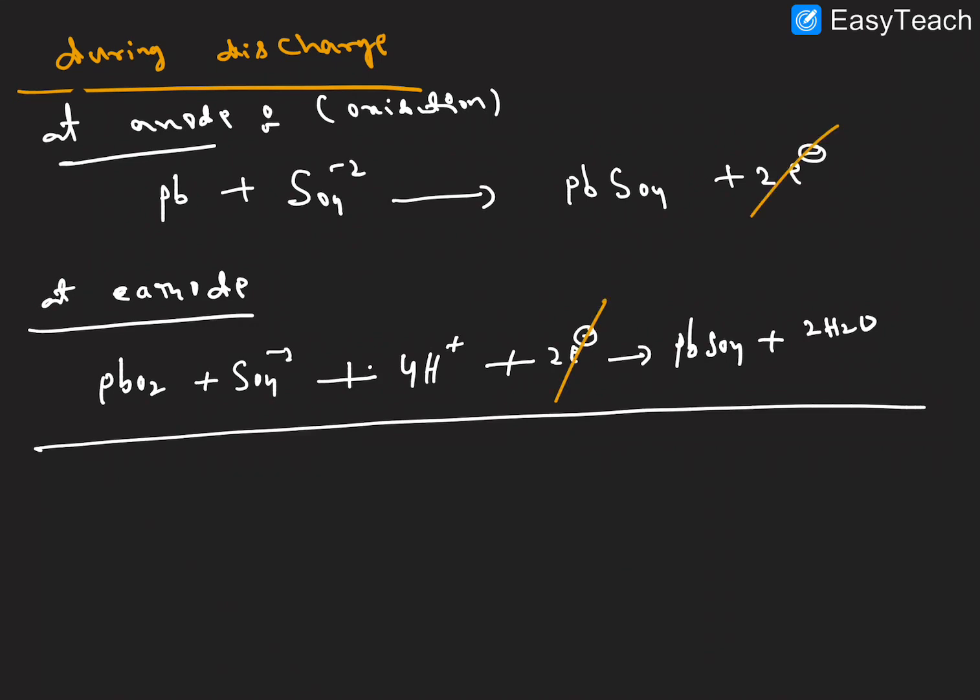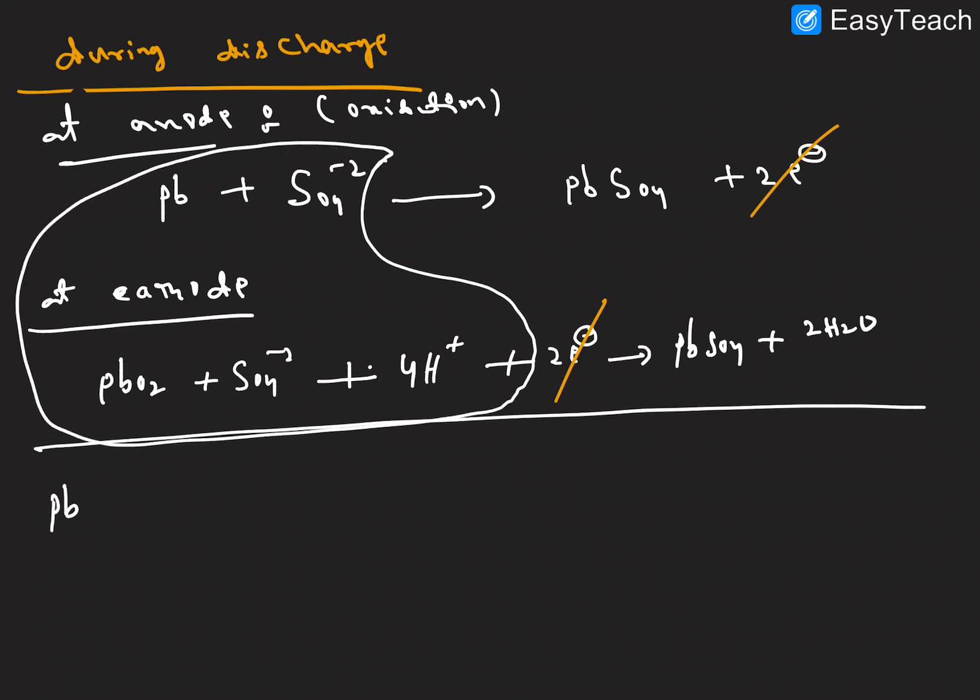So these two electrons cancel, and does anything else get cancelled? No, right? So now we write the reactant side: lead plus lead oxide plus 2SO4 minus 2 plus 4H plus ions. It gives 2 moles of PbSO4 plus 2H2O. I hope it is clear.